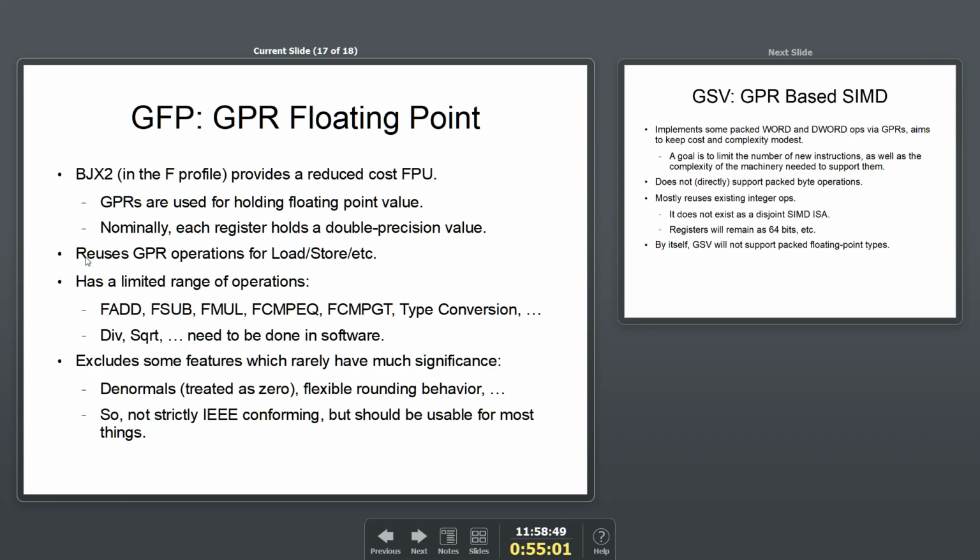So it reuses GPR operations for load and store and so on. This is itself mostly a cost-saving measure.